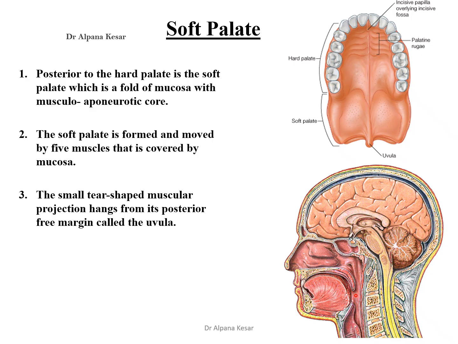The soft palate is formed and moved by 5 muscles. A small tear-shaped projection hangs from its posterior free margin. It is called uvula.